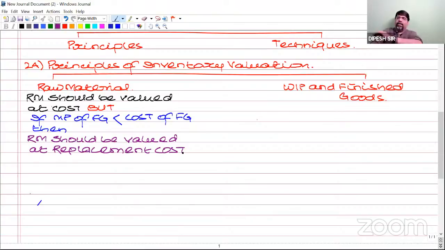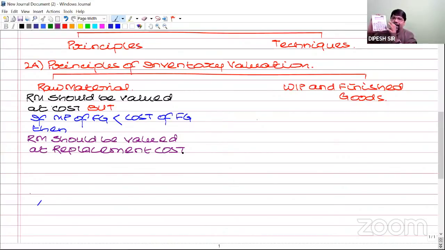That means, if the market price of the shirt falls below the cost of the shirt, then cloth should be valued at replacement cost. If the market price of shirt, that is finished goods, falls below the cost of the shirt, then raw material, that is cloth, should be valued at replacement cost.